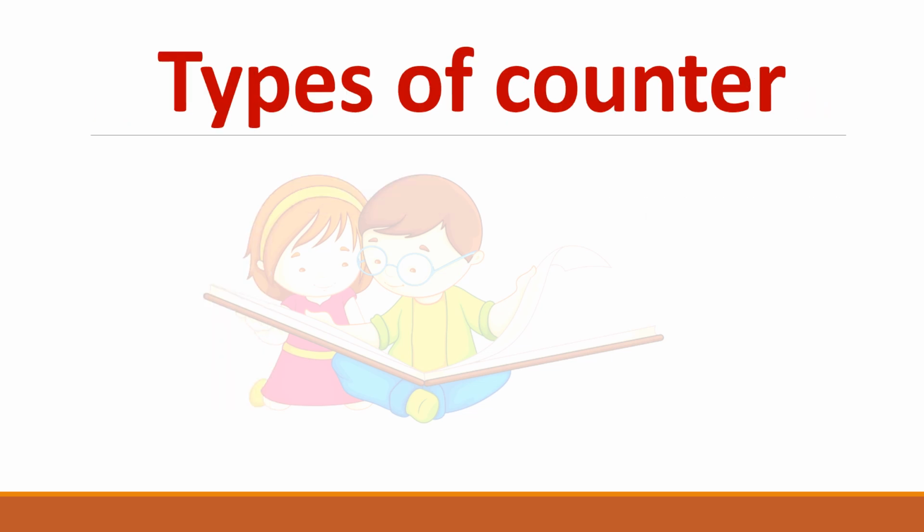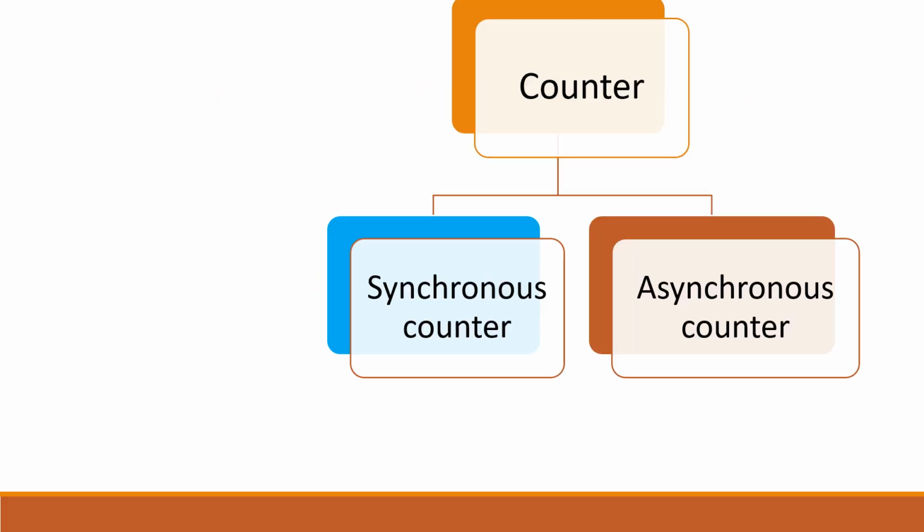Next, we will see the types of counter. There are basically 2 types of counter: the synchronous counter and the asynchronous counter. Synchronous, we already know, means everything is synchronized together, or started together. In a synchronous counter, flip-flops have a clock pulse.